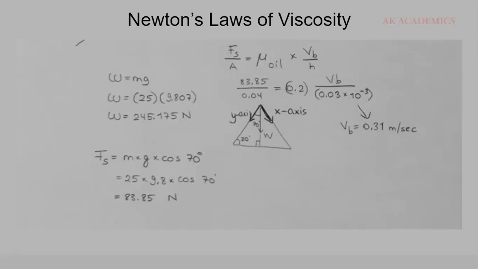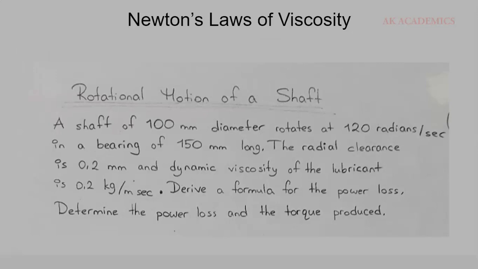Let's move on. There is another question here I want us to quickly evaluate together. This question has to do with rotational motion of a shaft. It's a very important part of our studies, and I want you to pay attention to it. There is an example here that I'm going to use to explain how this analysis is made, and I believe this will help you a lot.